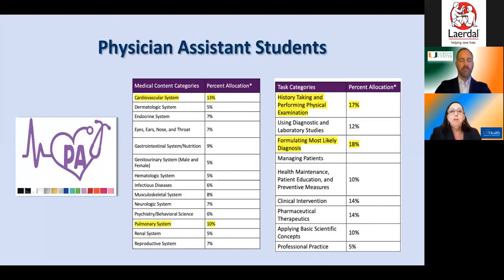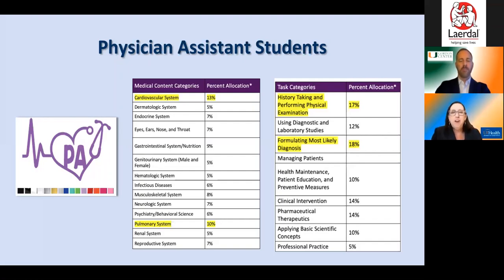On this slide, you'll see the blueprint from the National Commission for Certification of PAs. And what you'll see here are the areas and the percentages that all PAs must be competent and display competency in order to complete their PA training. And so this is the percentage that each of the PA training programs allocates to these domains. You see here under medical content, cardiovascular system has a 13% allocation, and pulmonary system 10%.